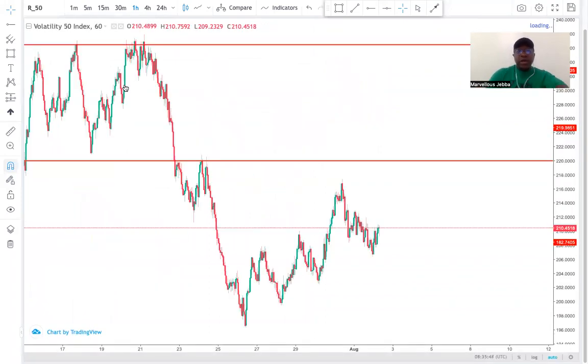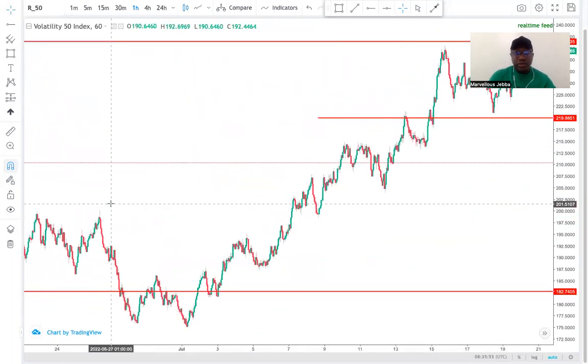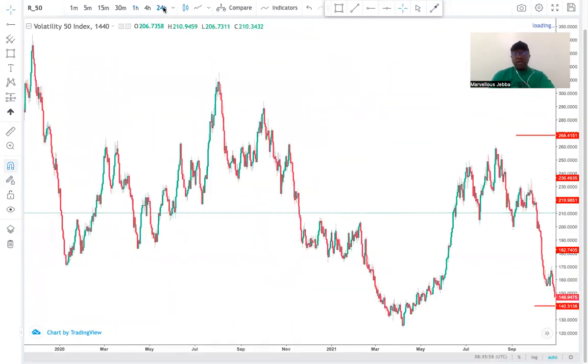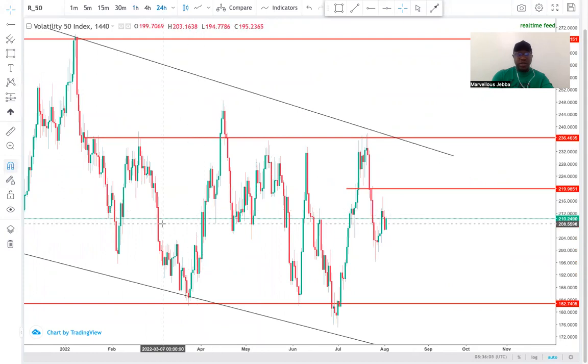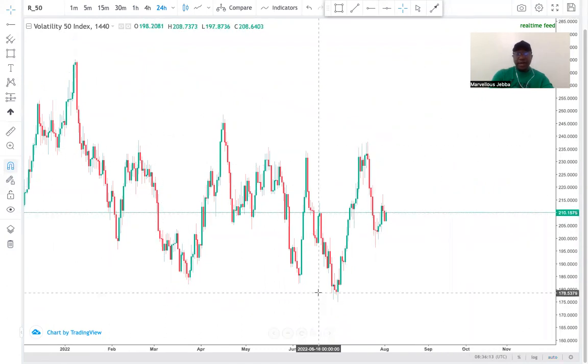Okay, so looking at this market, when it comes to breakout, there's a bullish breakout and there's a bearish breakout. And these markets, they react to those important levels when they get to these levels, either for the buy or the sell.